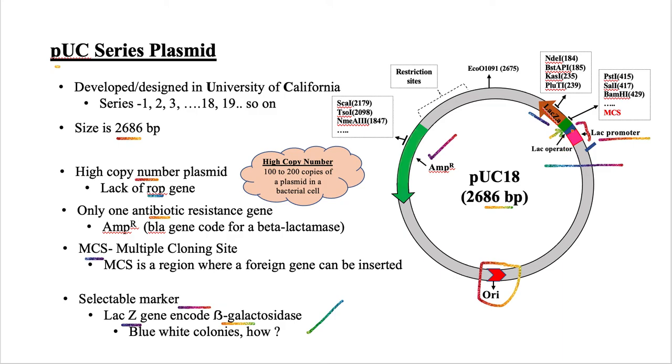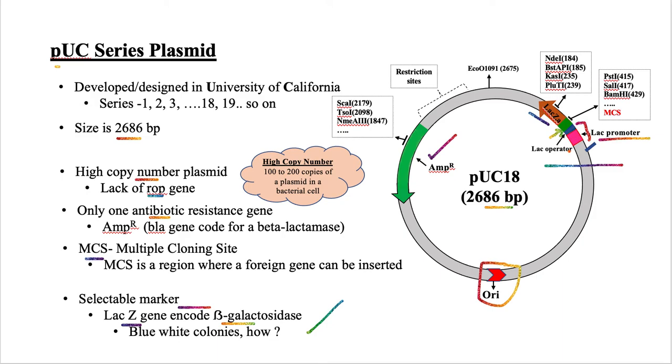Once it binds to the operator region, the promoter is not available for transcription. So RNA polymerase will not bind to the promoter region, and therefore any gene that is ligated downstream of the promoter region will not be transcribed. So we have to detach this repressor protein from this operator sequence so that the promoter starts working and synthesizes our gene of interest.